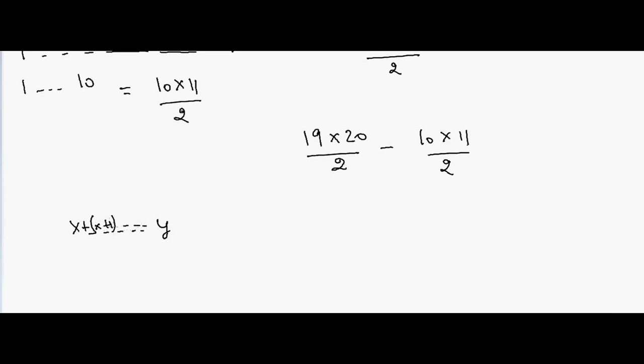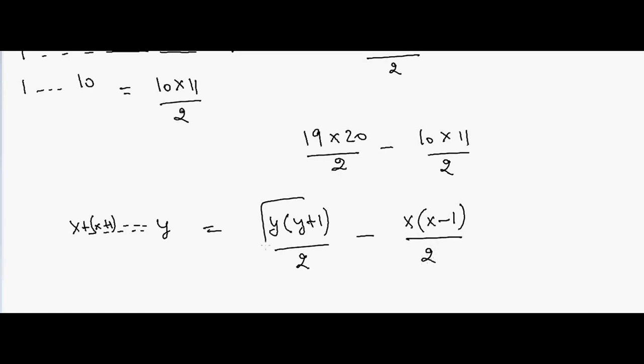In that case, I can write this as y into y plus 1 divided by 2 minus, and here we have to be careful because this is x, so this will be equal to x into x minus 1, because we are adding until x minus 1, divided by 2. So that will be our answer if we have to add numbers in a series.